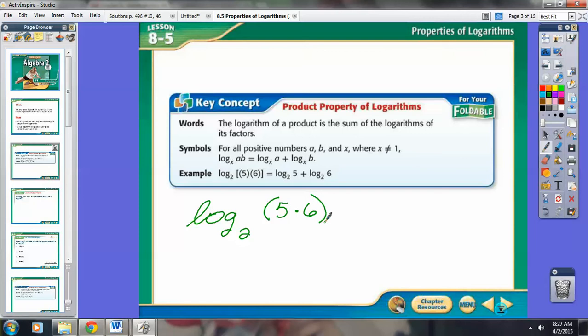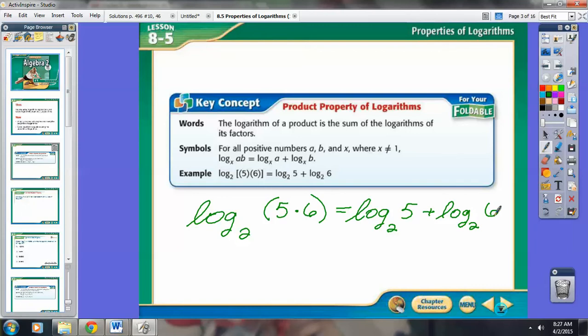I really can't do anything to solve this, but there is a property that says that we can write this out in expanded form. What we would do is we would say log base 2 of 5 plus log base 2 of 6. If you're multiplying your arguments, we can write out an expanded form using two logarithms, and we would be adding those two.